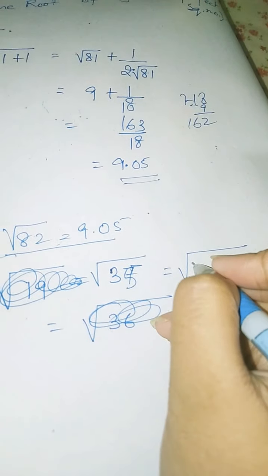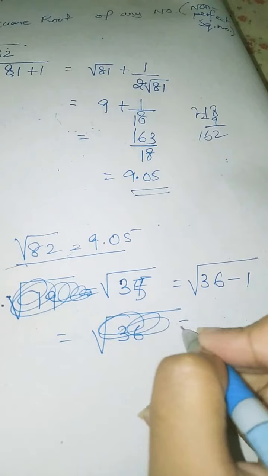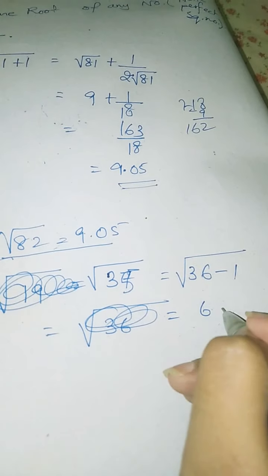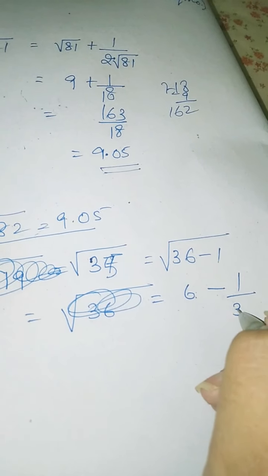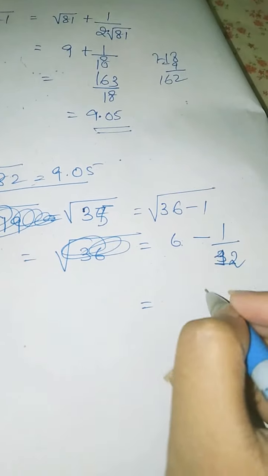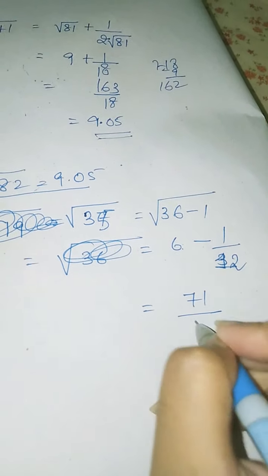So here we can write 36 minus 1. So here my answer will be 6 minus 1 by 2 into 6, 2 into 6, 12, and here we will get my answer as 72 minus 1, 71 by 12.